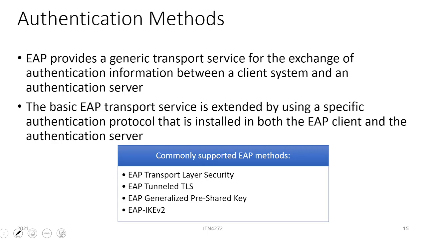So when we think about such authentication methods, it could be Transport Layer Security, Tunneled Transport Layer Security, Generalized Pre-Shared Keys, or others. The idea is different organizations or different enterprise environments may have different necessities. They may have different underlying systems in their environment, and different existing systems that need to work as part of the overall authentication.